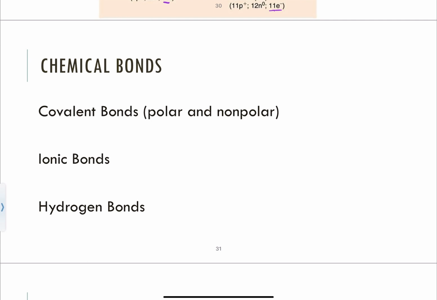If we're talking about a polar covalent bond, we're talking about those electrons being shared unequally, and nonpolar is the electrons are shared equally.